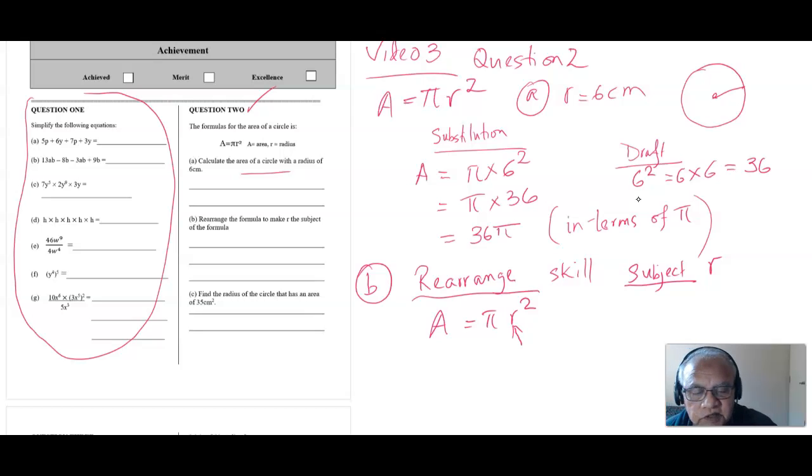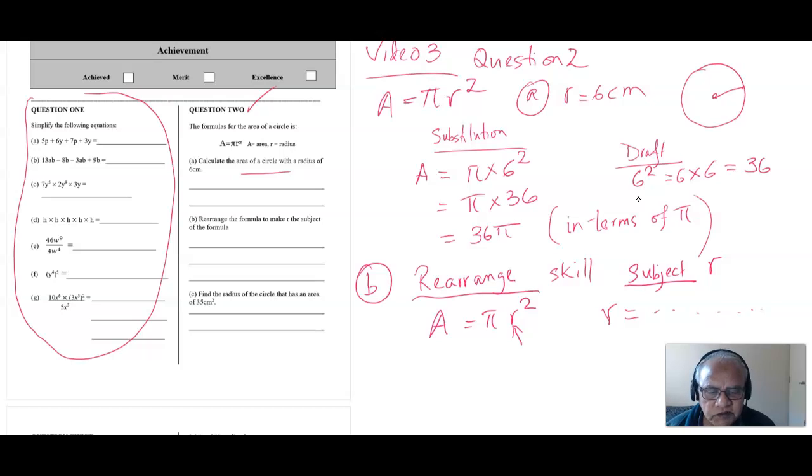Let me go back to the thing once again. Okay, so you need to write the equation something like this: r equals, with the rest of the elements of the formula on the right hand side. This is one of the skills which is a little bit tricky, so you got to watch me.